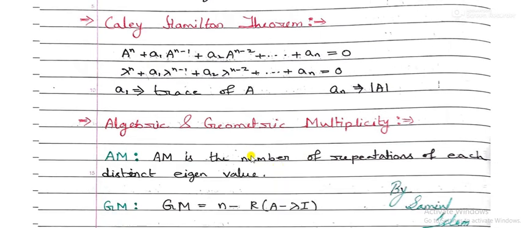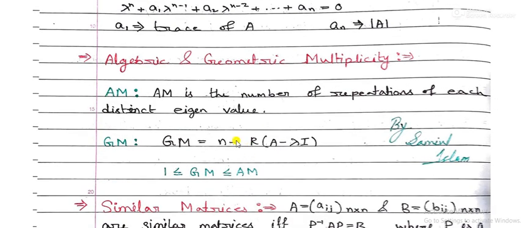Now, what is algebraic multiplicity? This topic is important for the TIFR exam. Algebraic multiplicity is the number of repetitions of each distinct eigenvalue. Suppose you have a 3 cross 3 matrix and the eigenvalues are 1, 1 and 3.